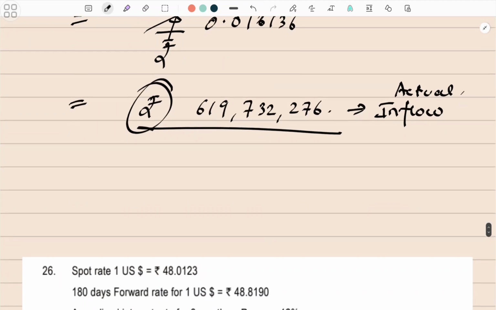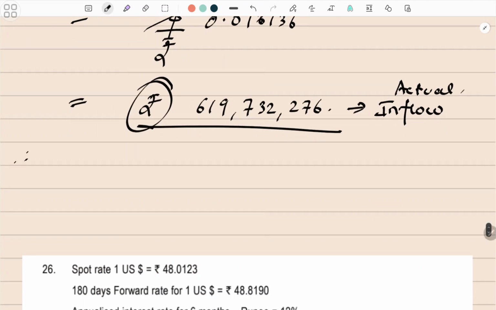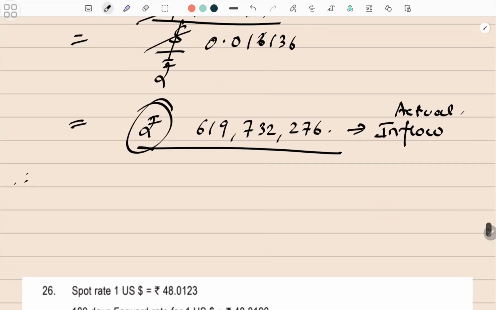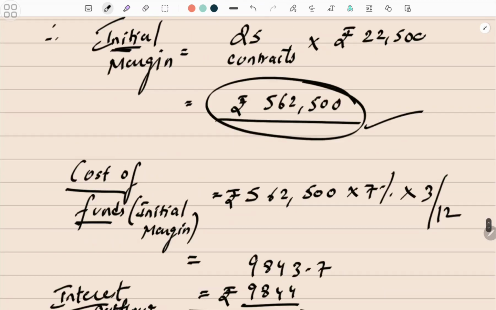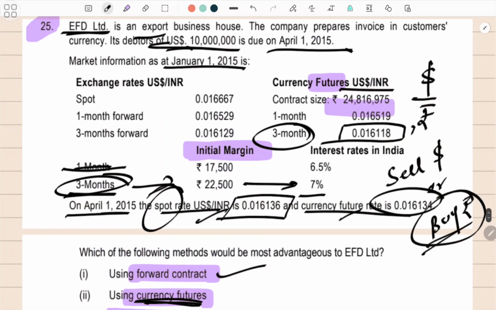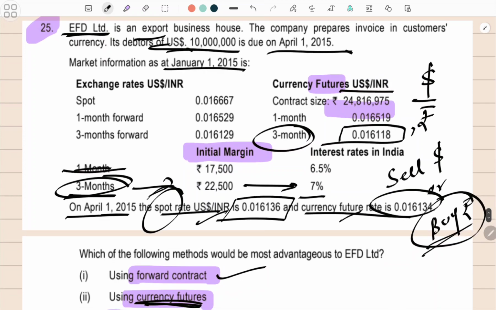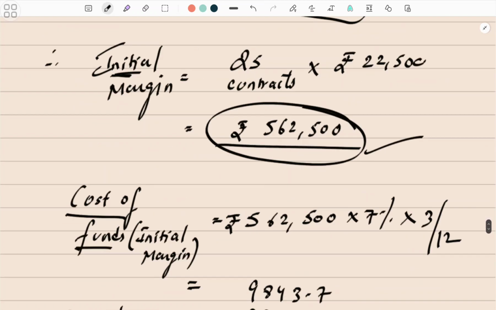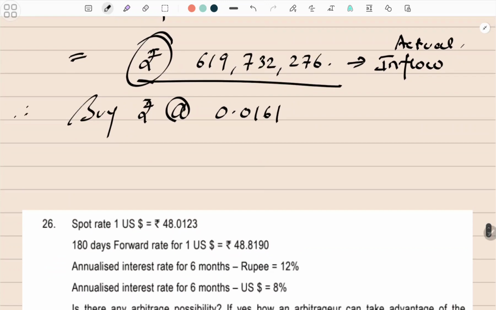But the issue is about the rates. I have to again and again scroll back to get the rates. So what I did, I'll just quickly do it. Buy rupee at 0.016118 and sell rupee to cancel out that future contract.